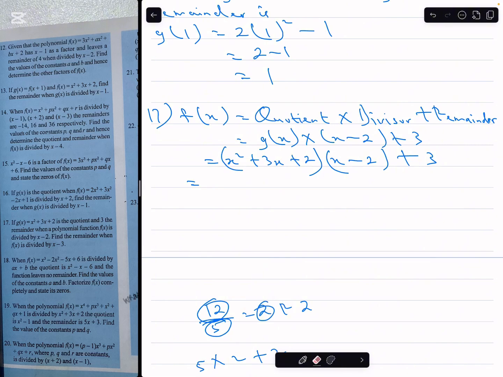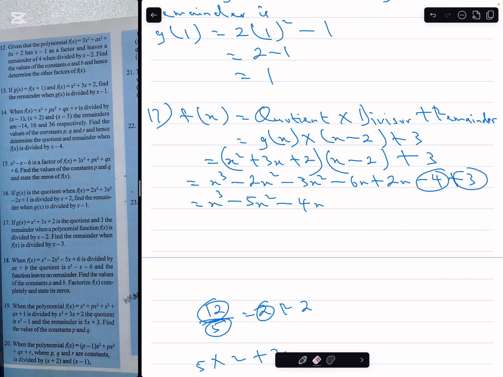If we expand, I'm going to get x cubed minus 2x squared plus 3x squared minus 6x plus 2x minus 4 plus 3, and that will be x cubed plus x squared minus 4x minus 1. So that is the original form of f of x.